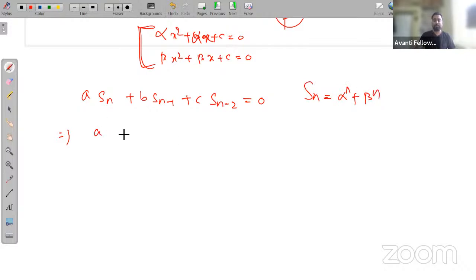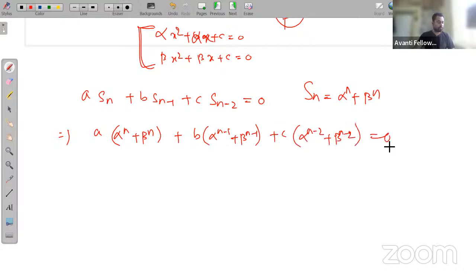Then we substitute here A into alpha to the power n plus beta to the power n, plus B into alpha to the power n minus 1 plus beta to the power n minus 1, plus C into alpha to the power n minus 2 plus beta to the power n minus 2, which should be equal to 0. So I am taking just the left-hand side. Let's see whether it becomes 0 or not.